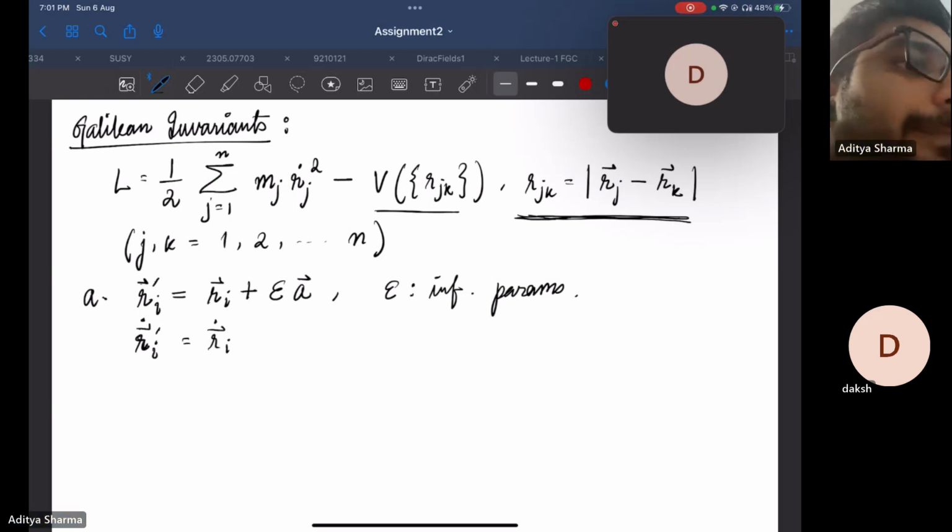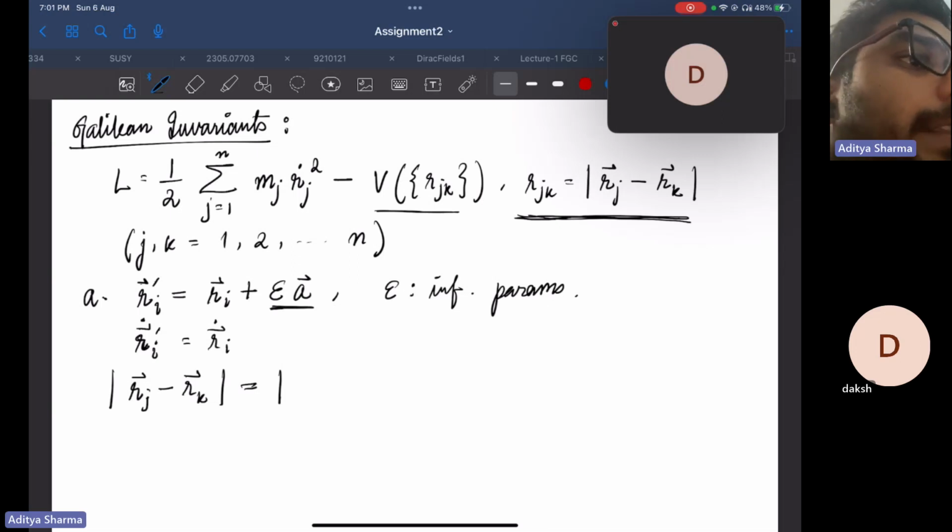And your Rj minus Rk mod is also unchanged, because this is a constant displacement and it is the same for all the Ri's, all the particles. So this is the same as this.